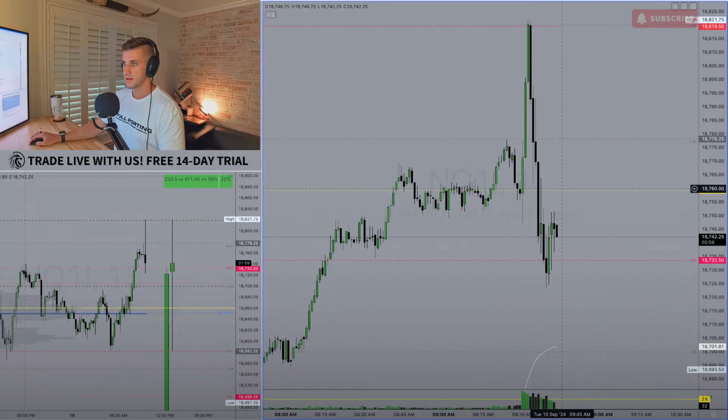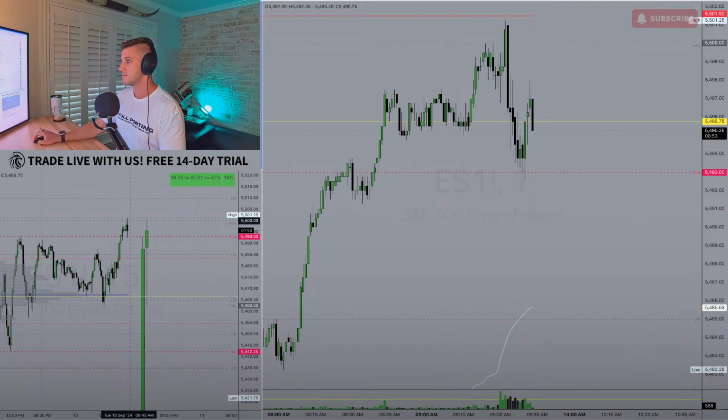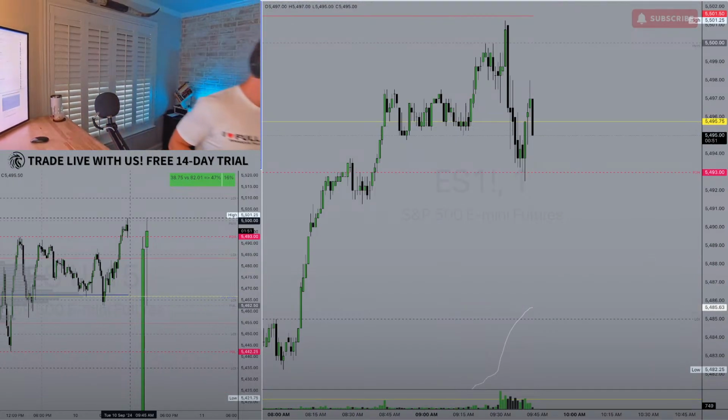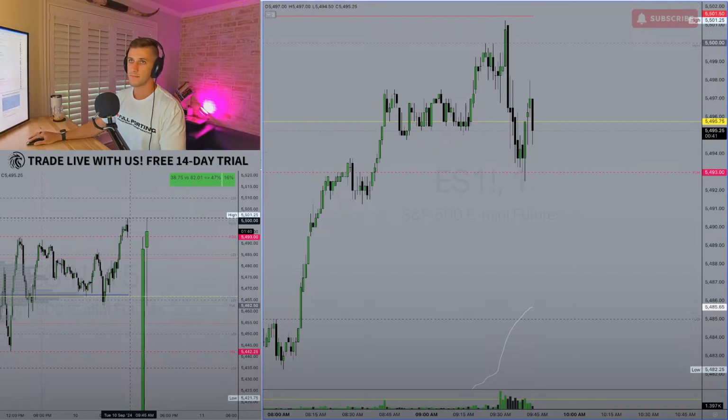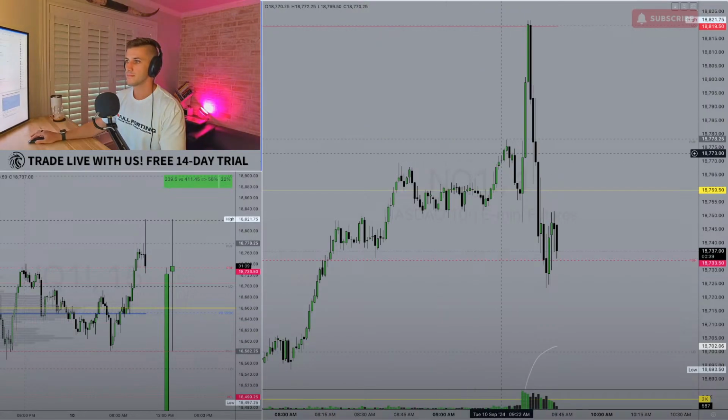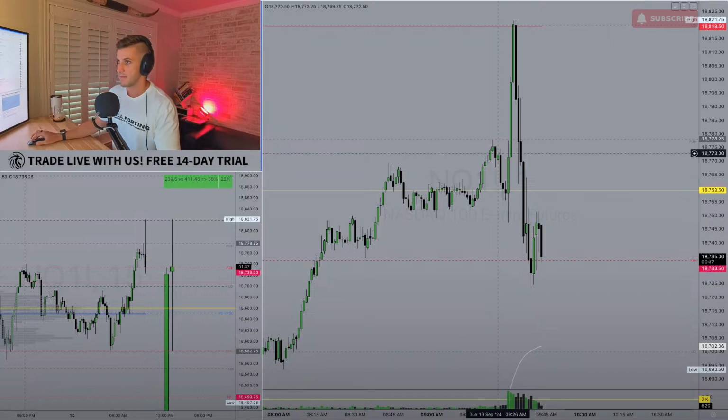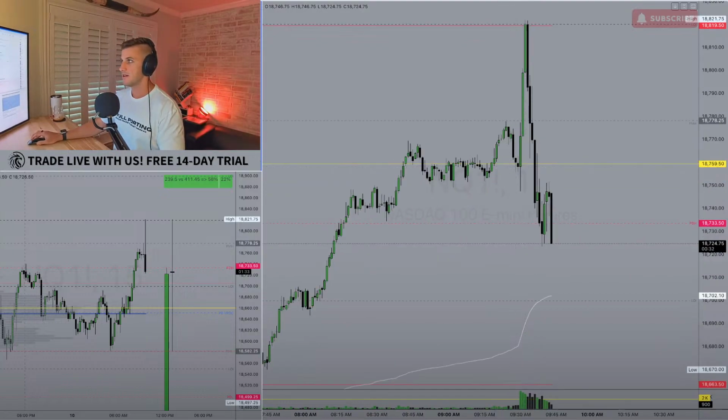NQ, pretty much no follow through here on this bounce. So sellers are going to try and make a new low of day here to push it into that 700.